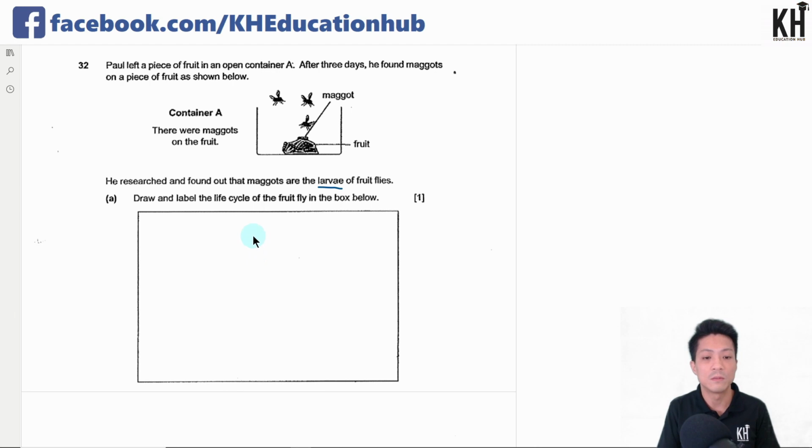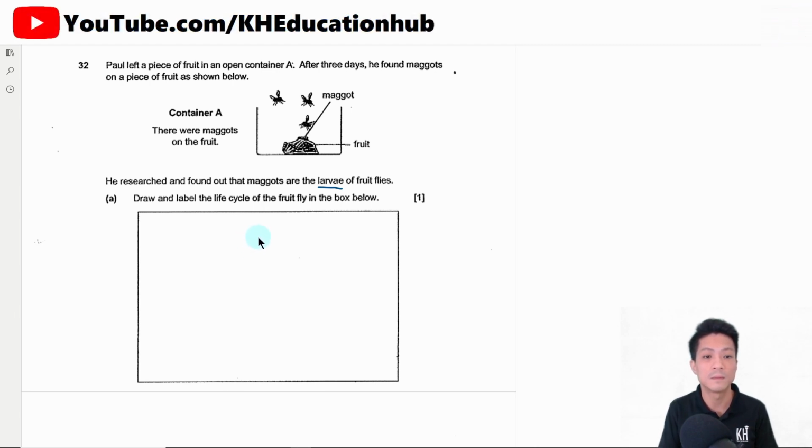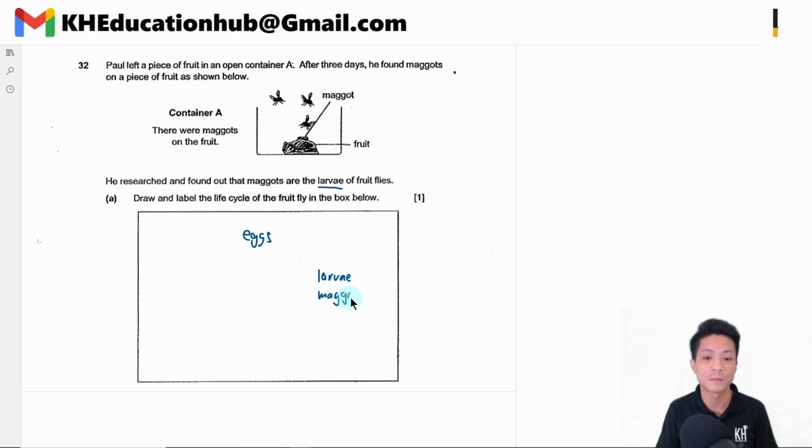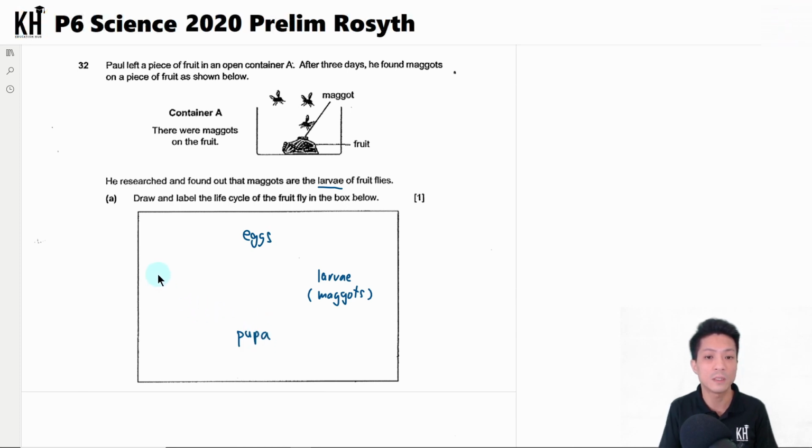Okay, so I'm not going to draw because I'm very bad at drawing. I'm just going to write down the life cycle, which starts with eggs. Okay, and then it will go on to the larvae stage, which is the maggots. And then after that, it will form the pupa stage. And then after that, they will become the adult, which is the fruit flies.